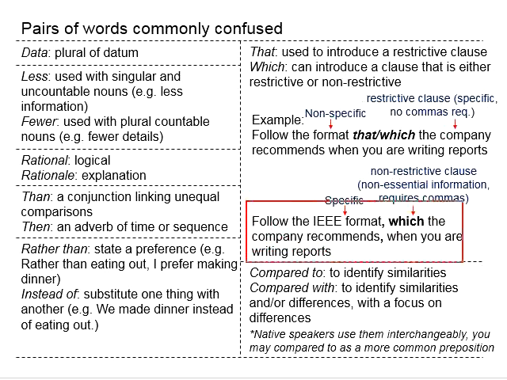If you look at the statement here, you can simply remove the words between the commas without affecting the statement. Follow the IEEE formats when you are writing reports. The sentence is still correct. That means this one is actually giving additional information.